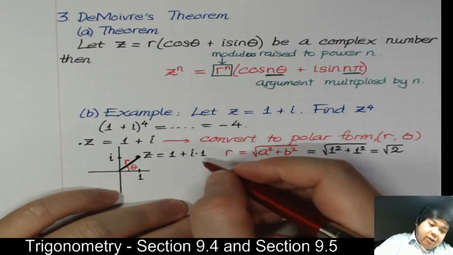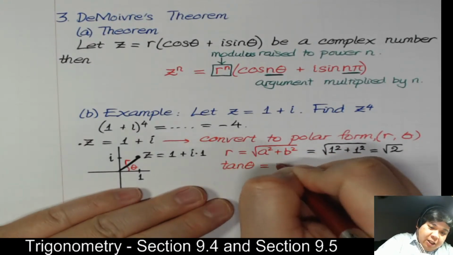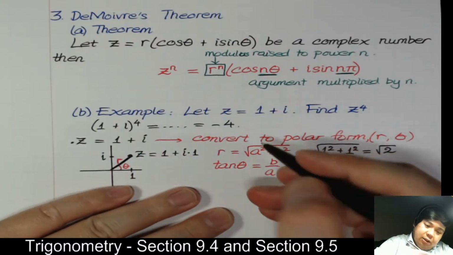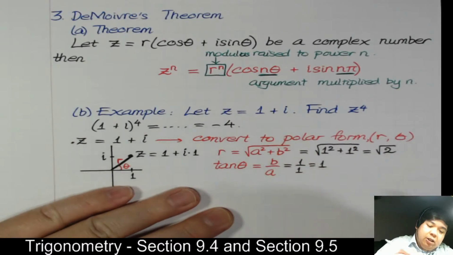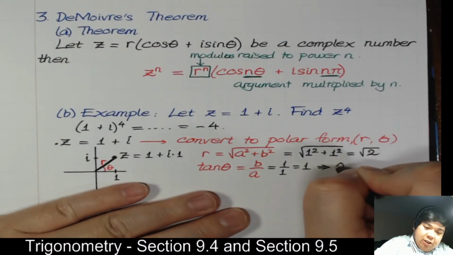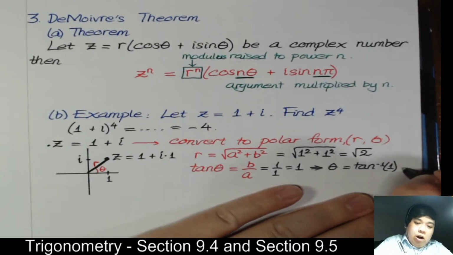And then next we have tangent of theta is y over x, or b over a, 1 over 1, which is 1. Now tangent is equal to 1, so to get back to the angle, we take tangent inverse of 1.